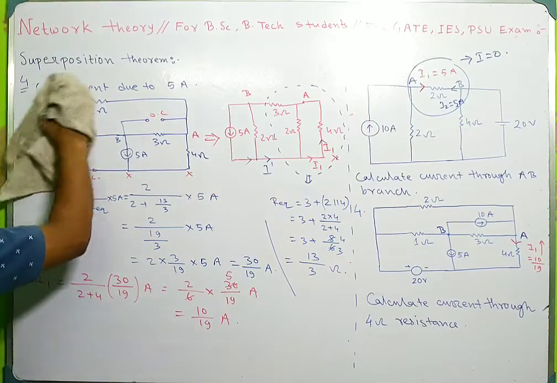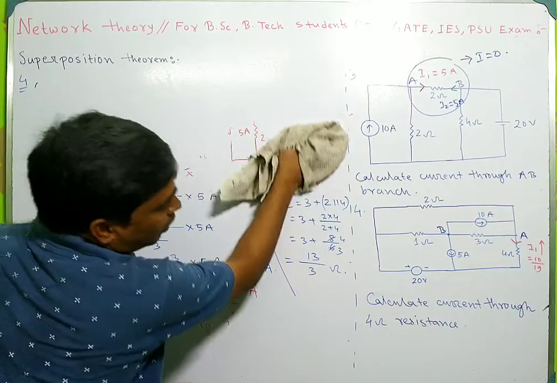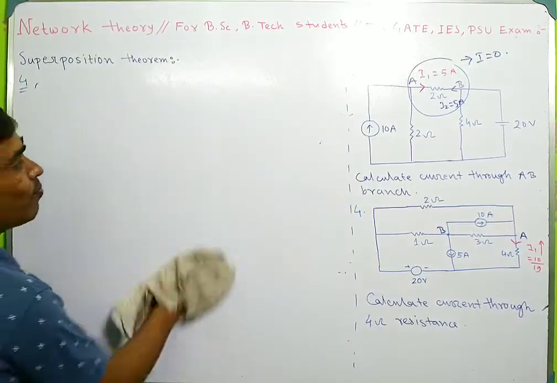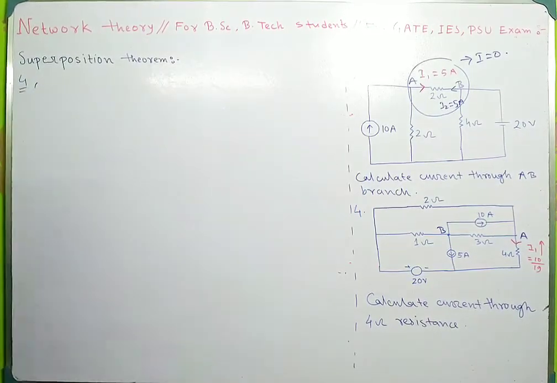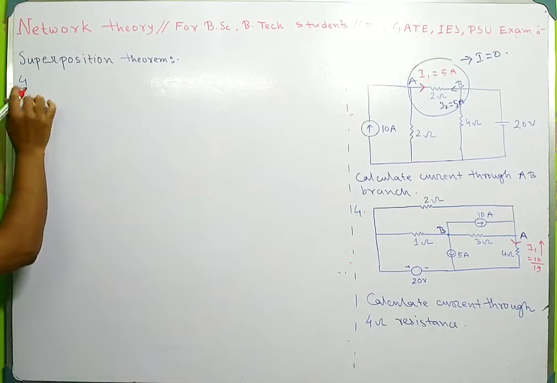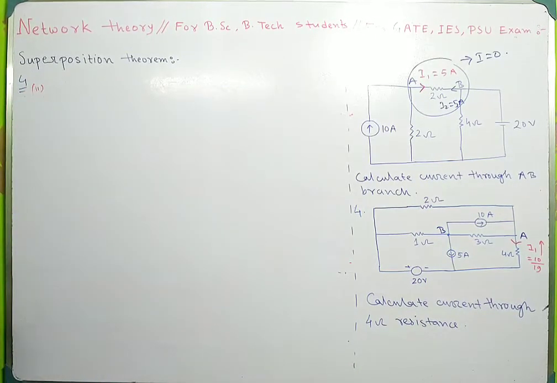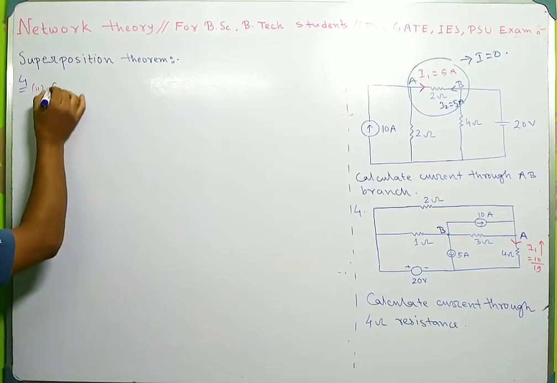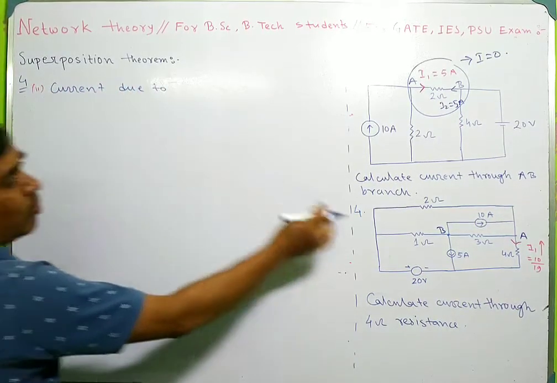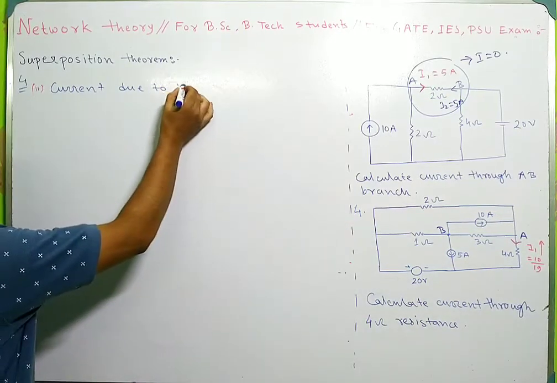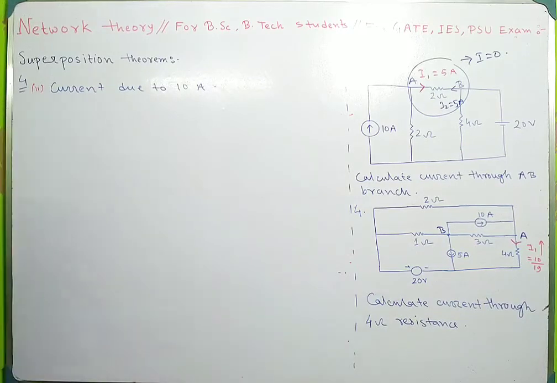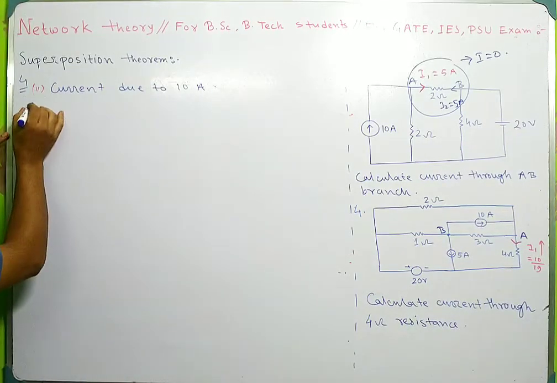Now the current due to the second current source, number 2, the current due to the 10 ampere current source. So this circuit will be in this fashion.